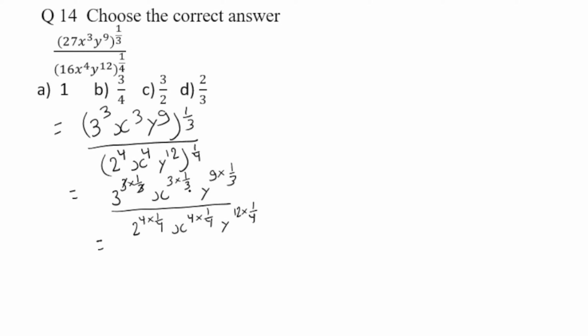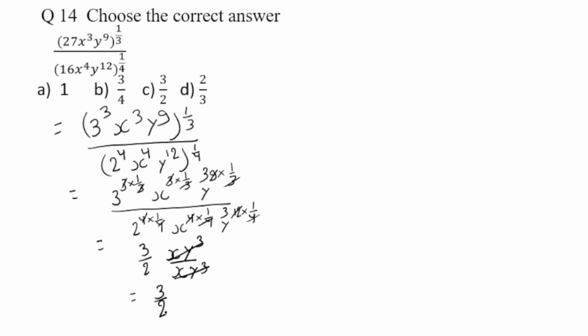Power 3 cancel, 3 cancel, 9 divided by 3, 3. On denominator, 4 cancel. 4 cancel. 12 divided by 4, 3. 3 by 2, x y to the power 3. Similarly, on denominator, x y to the power 3. The term xy cube cancel.